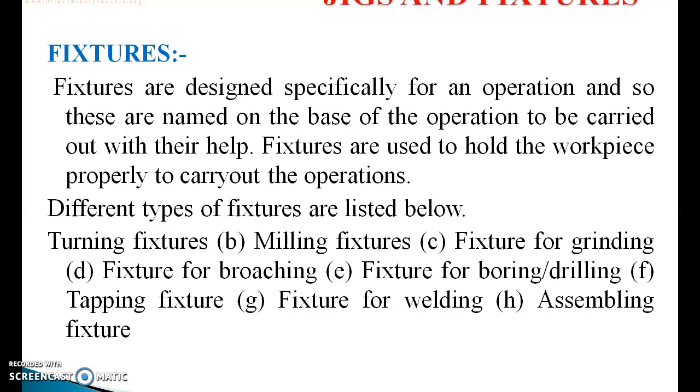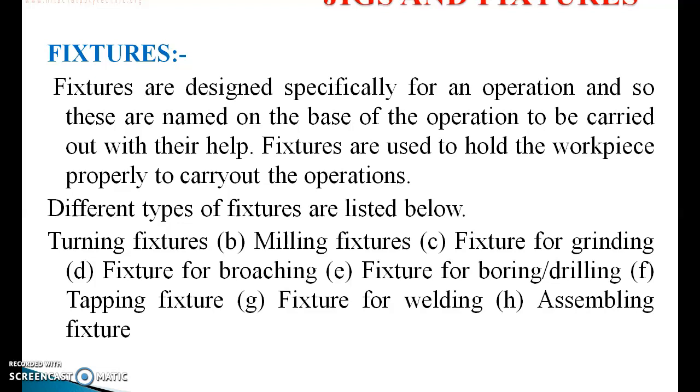A fixture is a work holding device which only holds and positions the work but does not in itself guide, locate or position the cutting tool. So the basic difference between jig and fixture is that both are work holding devices, but the jig also guides the tool, which the fixture doesn't.